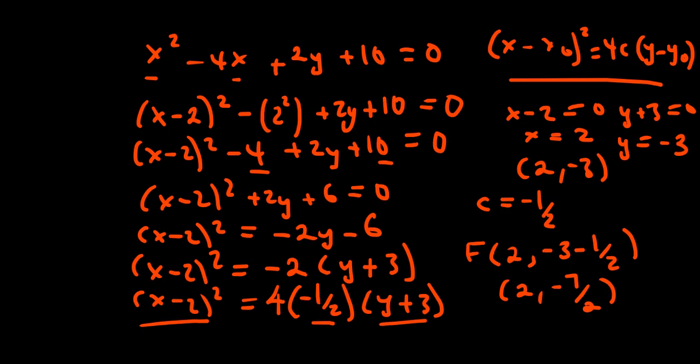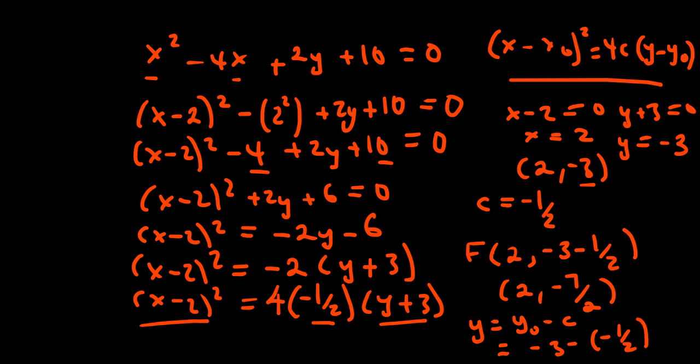Then what is my directrix now? My directrix is y equal to, so I said the y coordinate, it's y naught. This y naught we're getting from our vertex, then minus c. So my y naught is negative 3 minus my c, which is negative half.